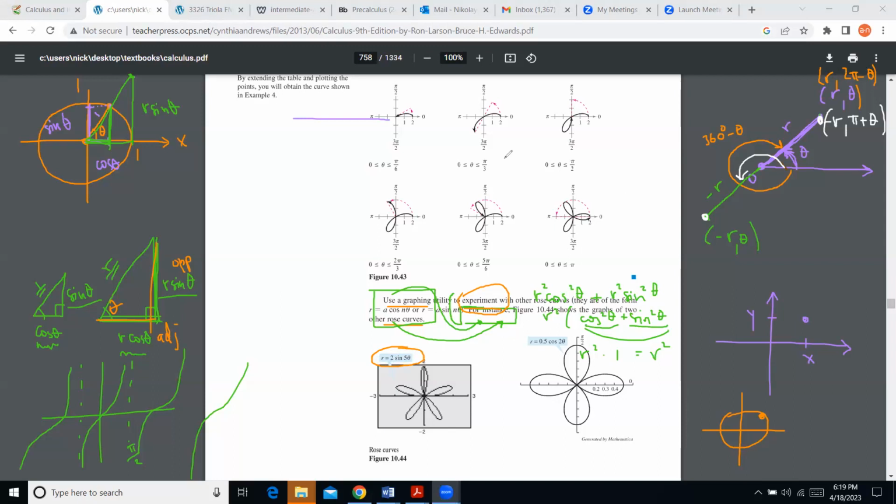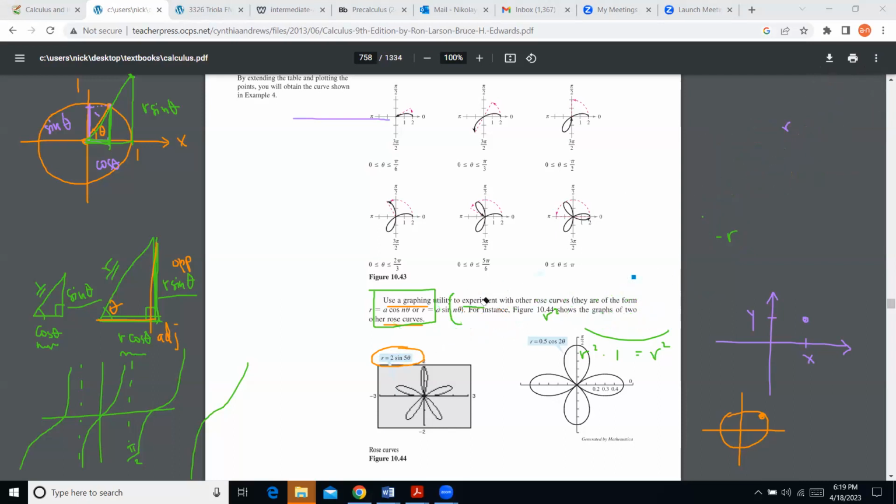Please don't mix it up with parametric coordinates, because parametric ones depend on a parameter t, or you can use any letter you like, theta. Here we have a different story. Even if you say the parameter is theta, it's r, so you don't have x and y coordinates, you have just r, and that's why it's not the same.